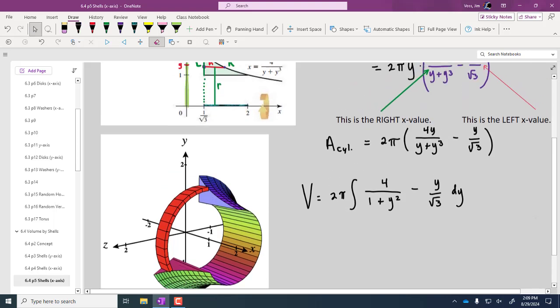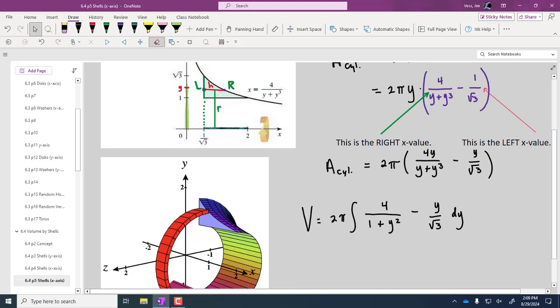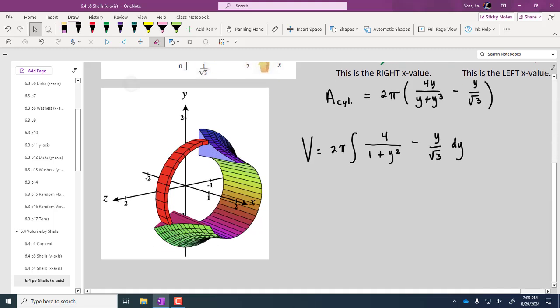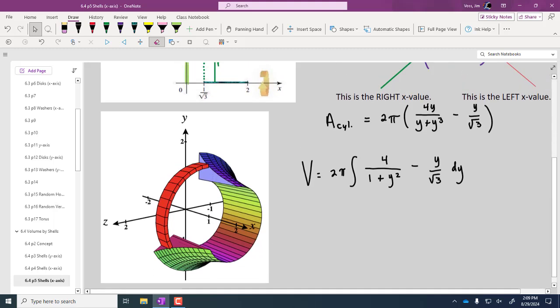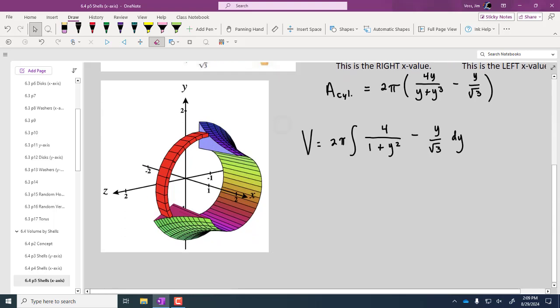And then our limits of integration, if we look at our picture, they tell us that we're going from y equals 1 to root 3 on the y-axis. So they've given us the limits. We're not having to do a simultaneous solve or anything. Let's see, 1 to root 3. So we have that as our integral.